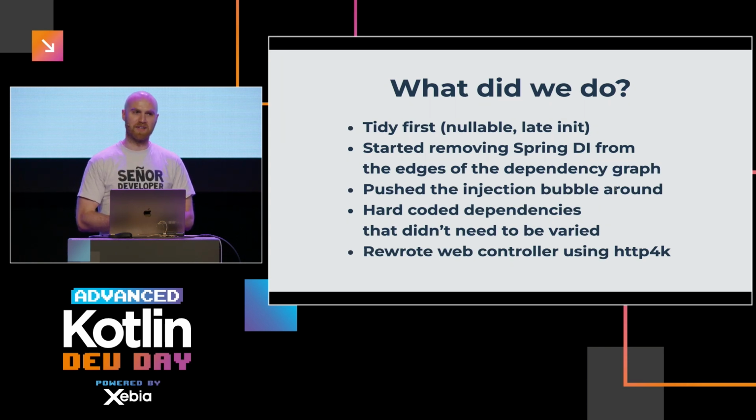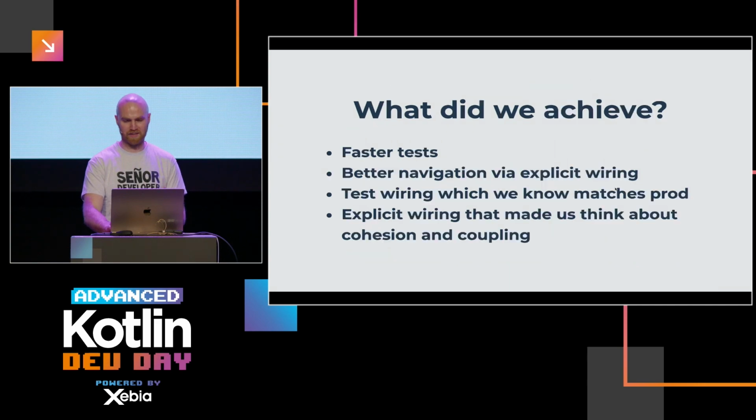And when it wasn't clear how to do this, you could push the injection bubble in or push it around. Like what we've seen with Logger, if some dependencies are not important or not tested, it's okay to kind of hard code them. And the last step was to rewrite WebController in a library which gives more control of how the code runs.